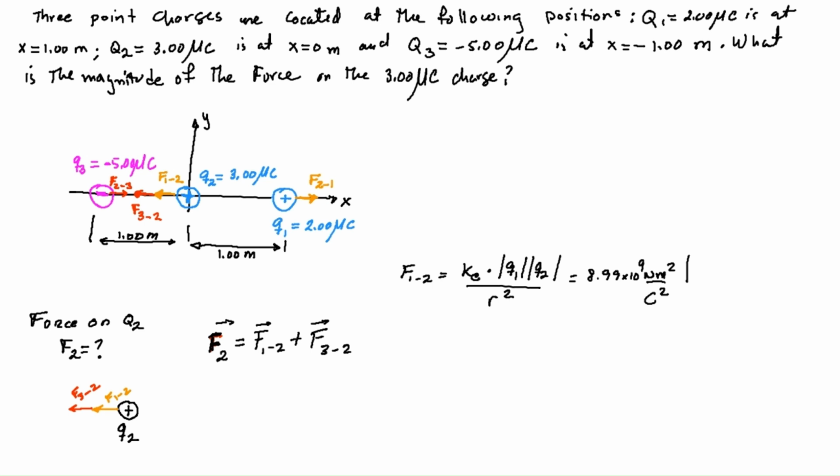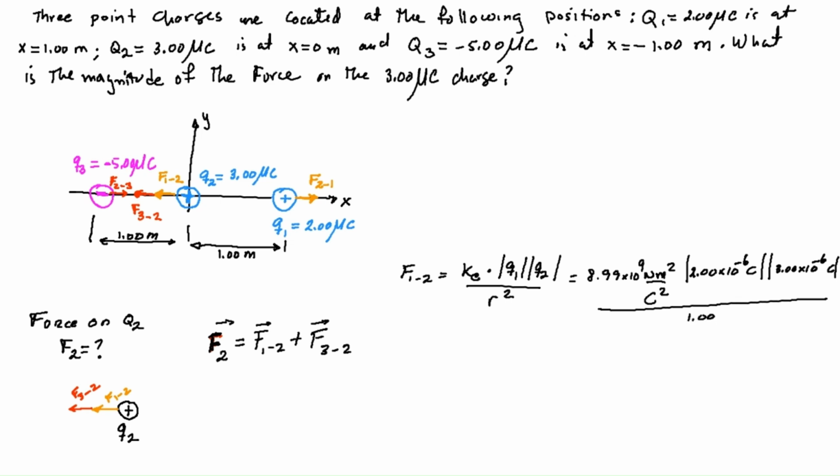Remember, I said it's 2 times 10 to the minus 6 coulombs. So it's 2.00 times 10 to the negative 6 coulombs. And then Q sub 2 is 3.00 times 10 to the negative 6 coulombs. And all this will be divided by 1.00 meters square.